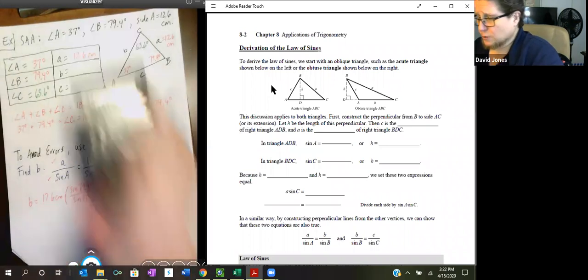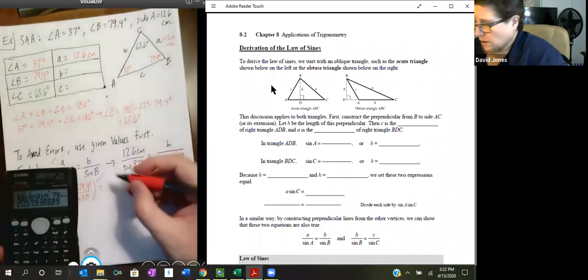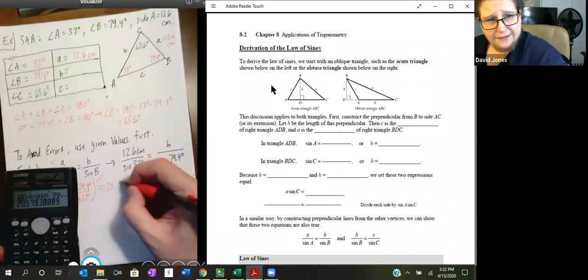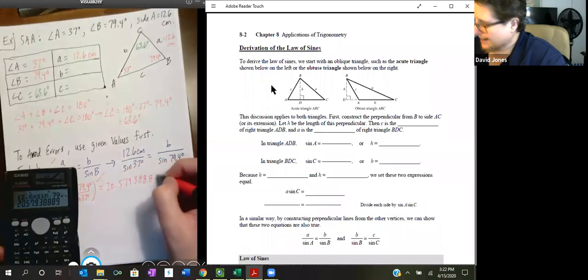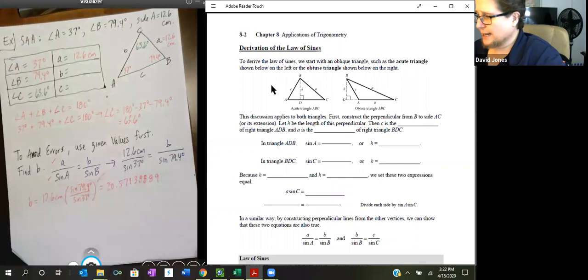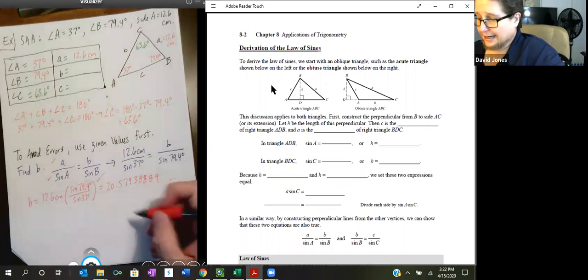So the calculator spits out 20.579388889. Looks like that's repeating. I'm going to use the number of decimal places that side A had.